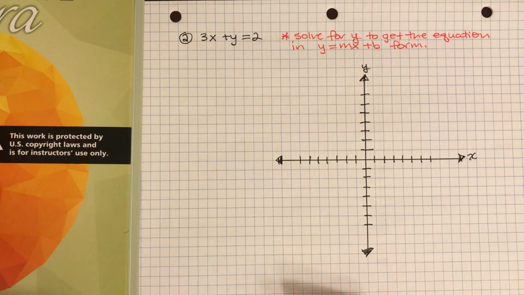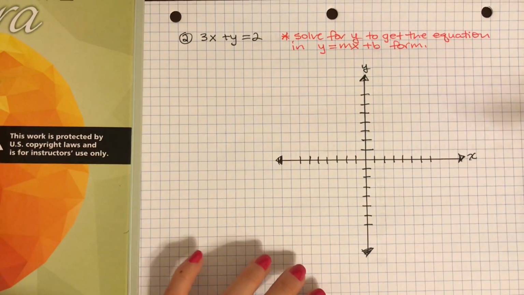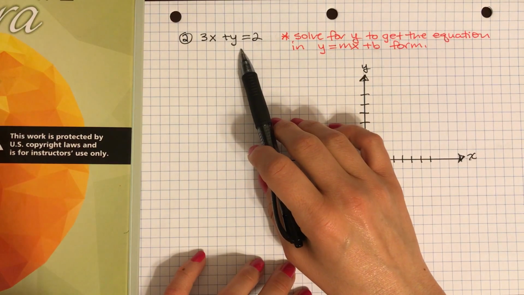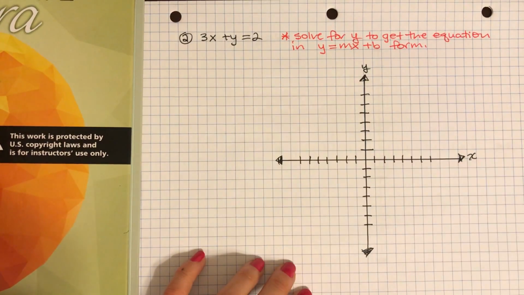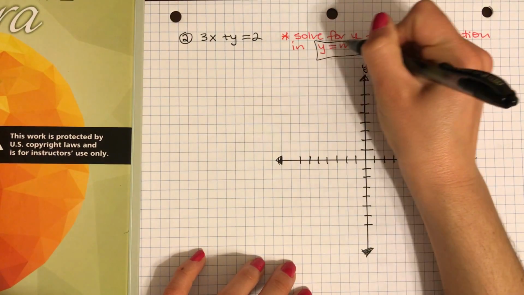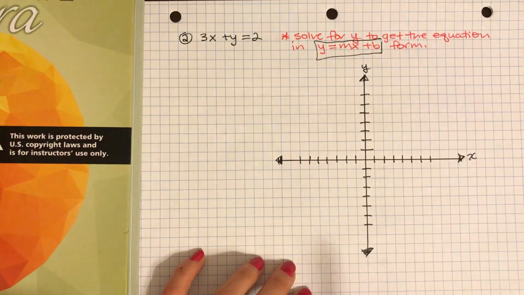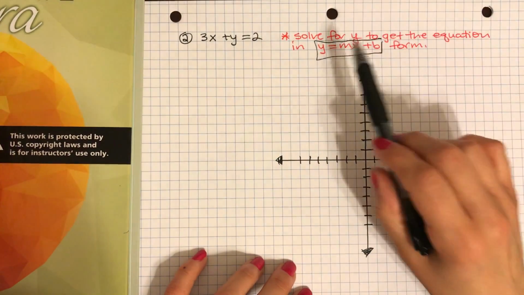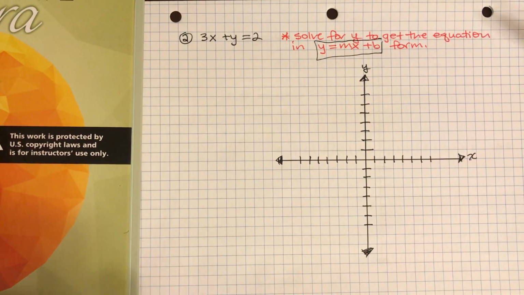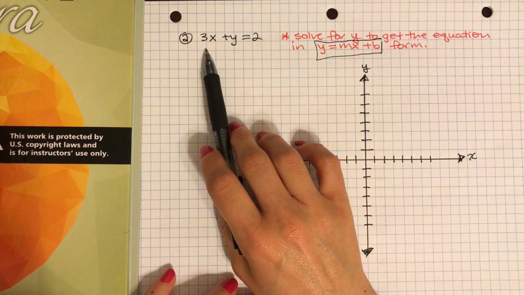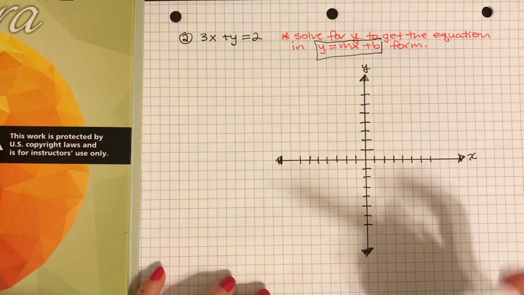So for this example, we notice that the equation that's given is not in slope-intercept form. It's not in y equals mx plus b form. Needs to look like this. And so in order to put it in the correct form, all we have to do is solve for y, and then we can graph. To solve for y, subtract 3x from both sides.